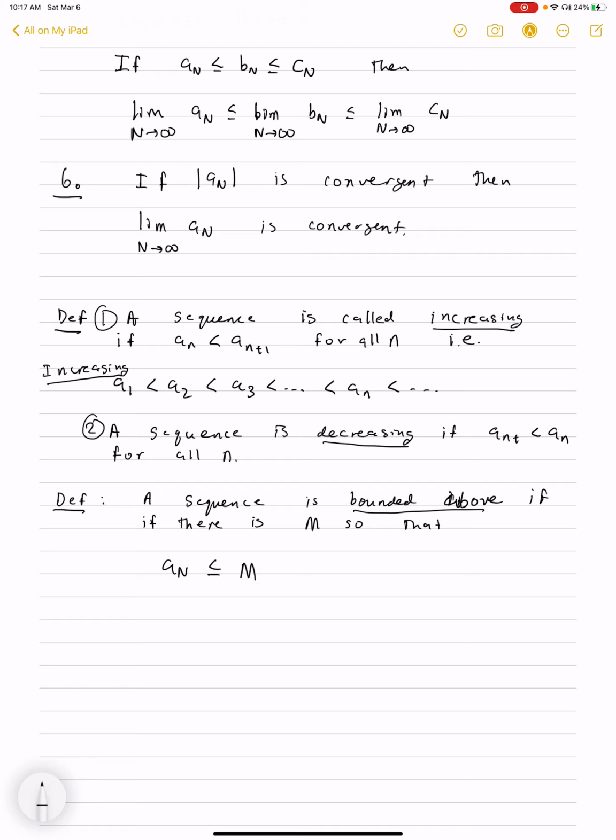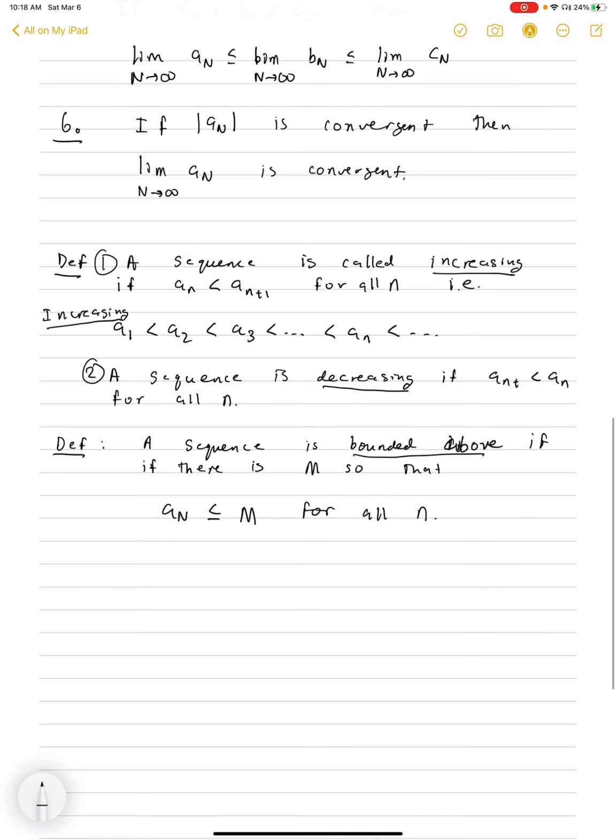So it needs to be less than or equal to this number for all n. It can never exceed this number.